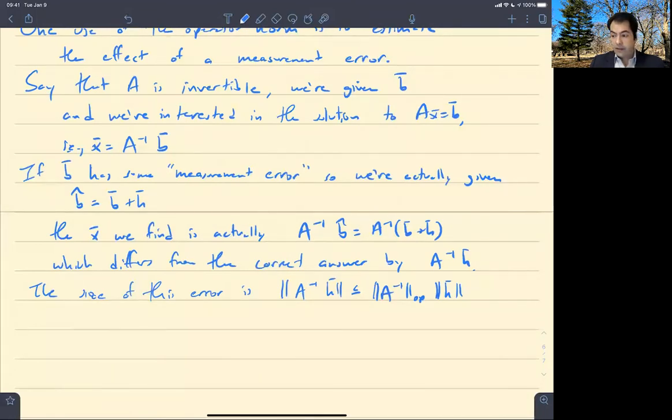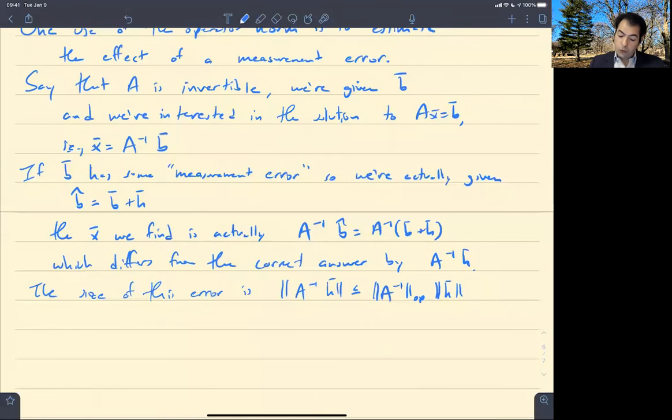And if you have a square matrix over the complex numbers that is diagonalizable, let's say for simplicity, then it's going to be invertible as long as 0 is not an eigenvalue. Well, what if you have a very small eigenvalue? Let's say you have 0.00001 as an eigenvalue. Then you're very close to not being invertible.